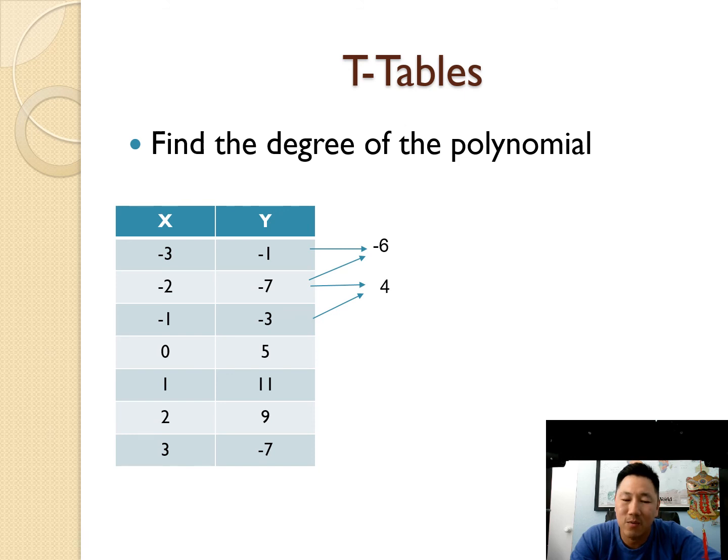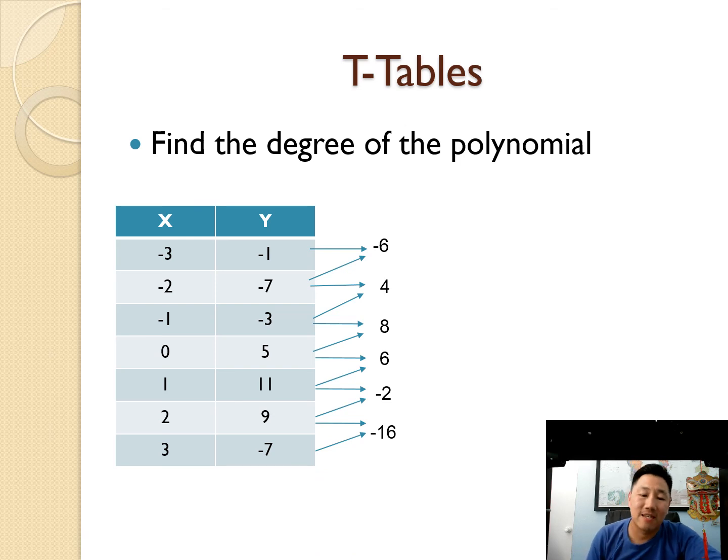And then you keep going down. 5 minus a -3 gives us an 8. 11 minus 5 gives us 6. 9 minus 11 gives us -2. And then, of course, -7 minus 9 gives us -16.